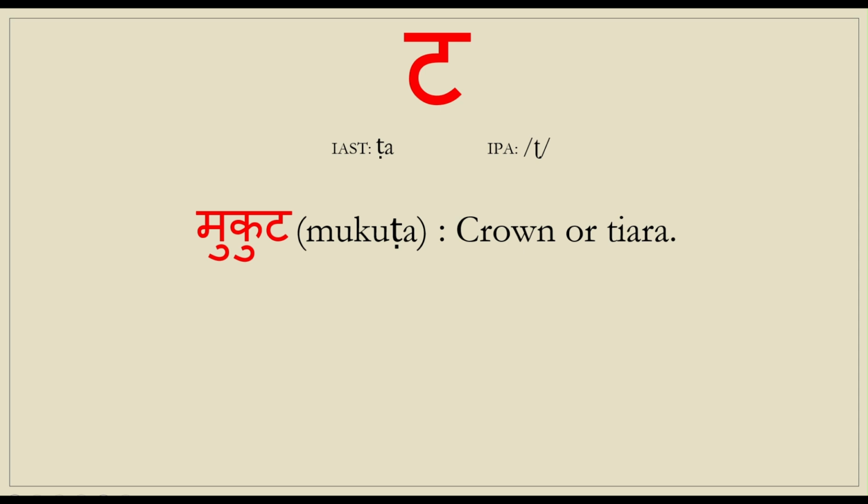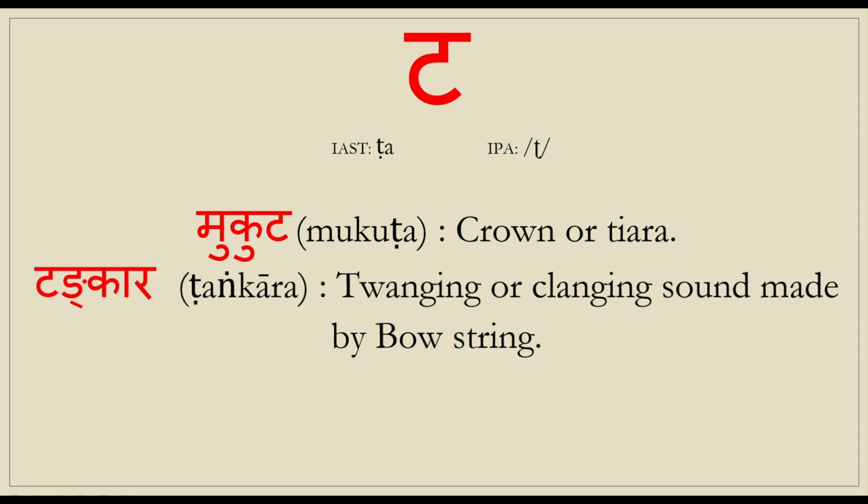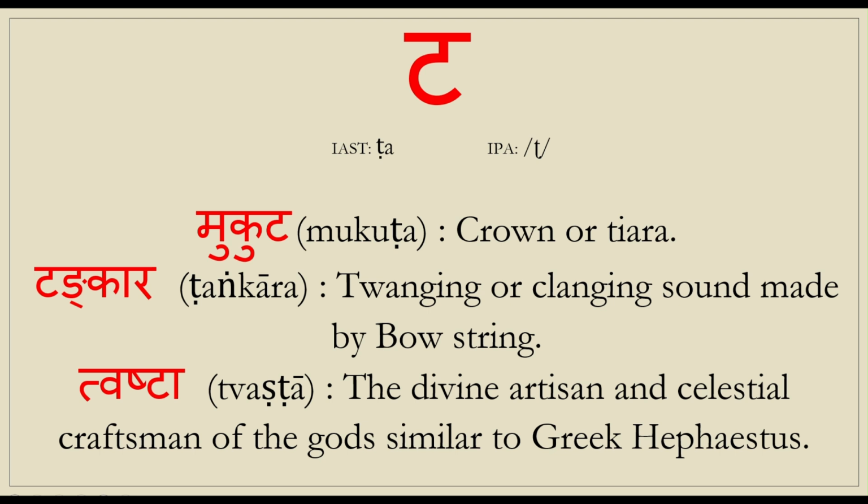The word tankara, which means twanging or clanging sound made by a bowstring. And the word tvashta, which is a divine artisan and celestial craftsman of the gods, similar to Greek Hephaestus.